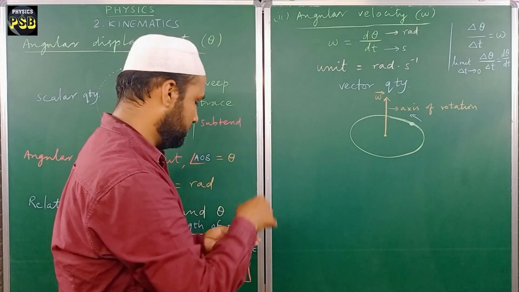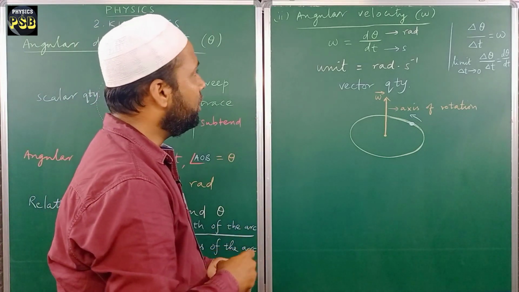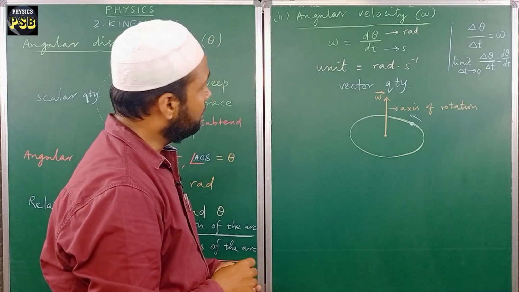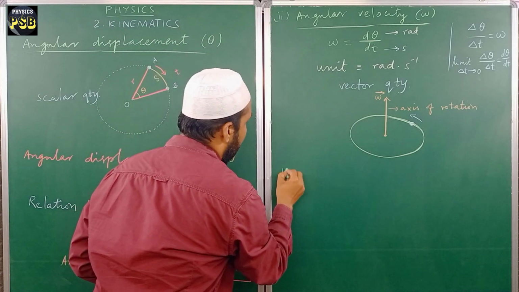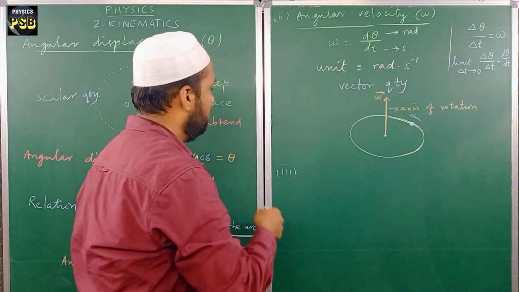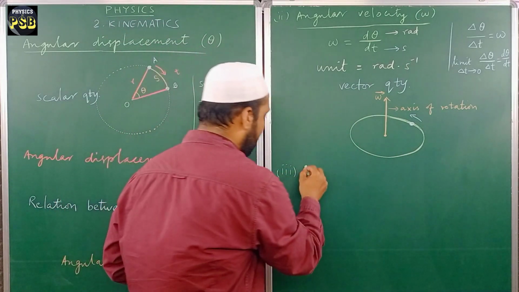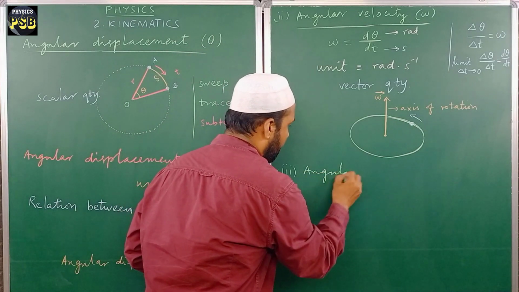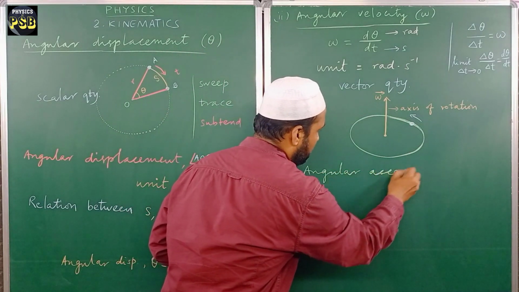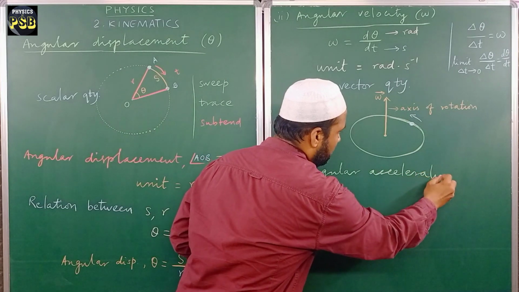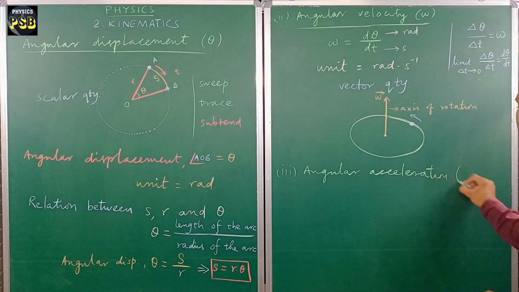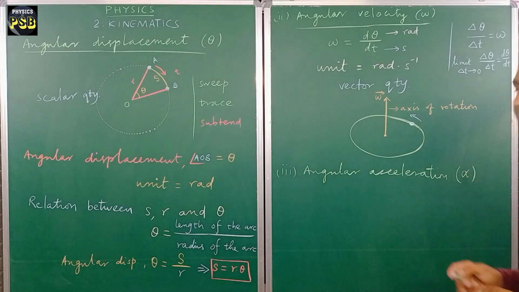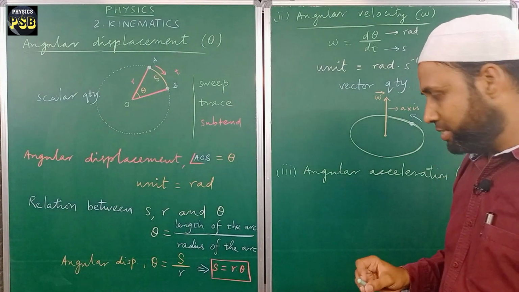Now I'll go ahead. I'll tell you what angular acceleration is. The third parameter that you need to know related to circular motion is nothing but angular acceleration. Angular acceleration is represented by the letter alpha. And what is this?